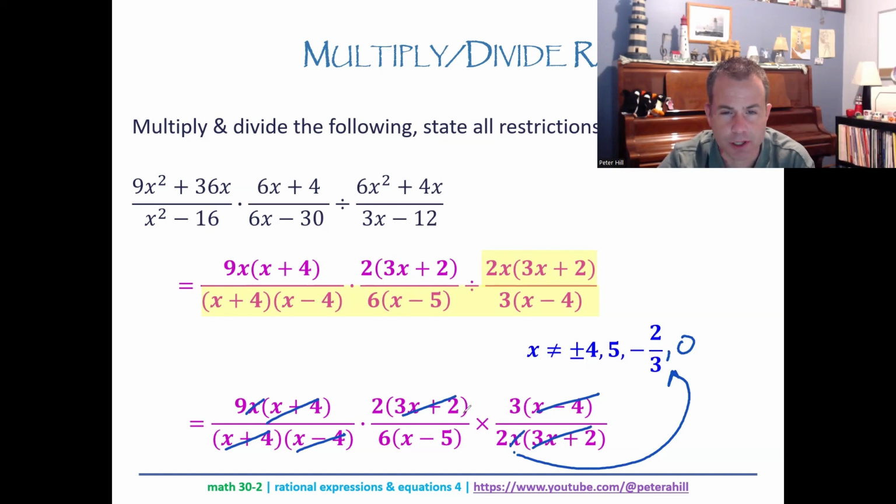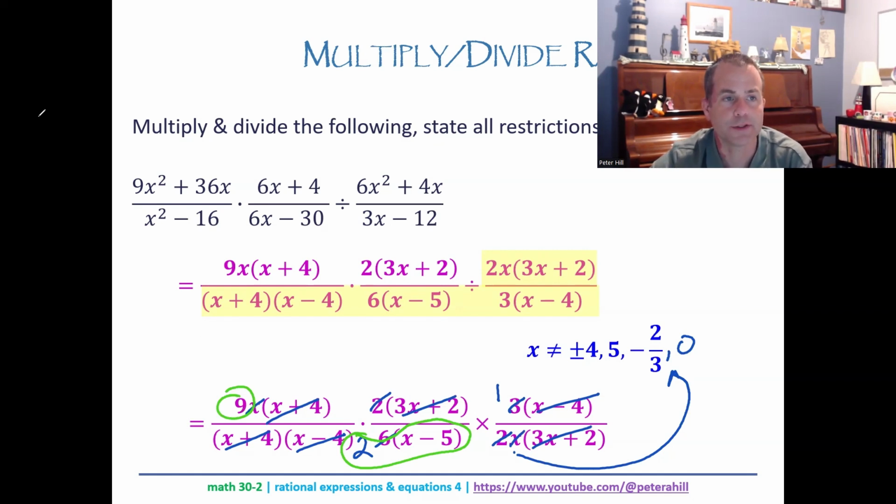Okay, what else is going on here? My 2 divided by 2 would be gone. And so I'm left with what here? I've got 3 over 6 would reduce to 1 over 2. I think that's everything. So it looks like on the bottom, I've got a 2 times x minus 5. Everything else is divided out. And on the top, I've got a 9.